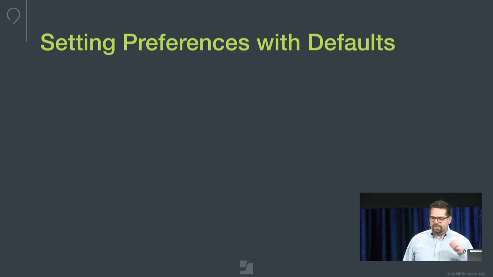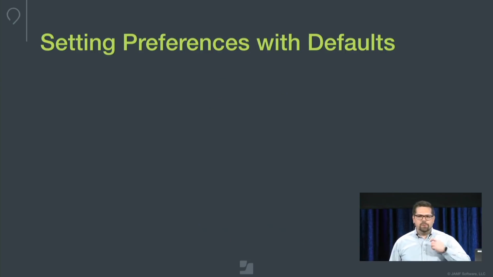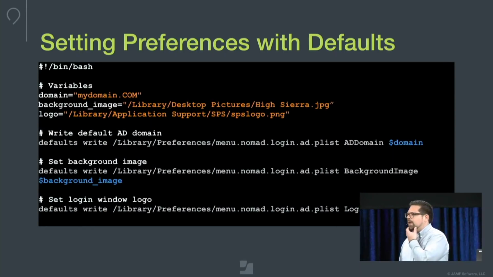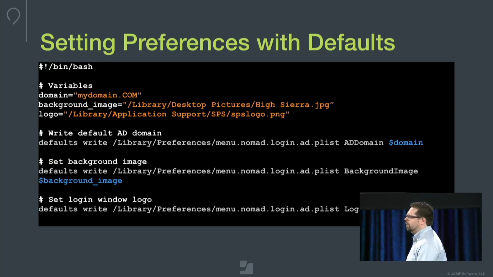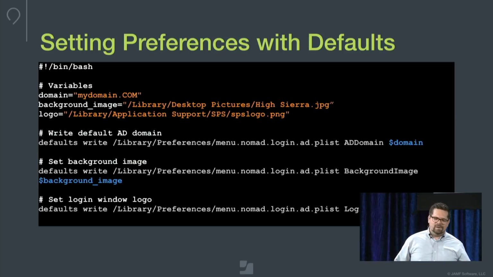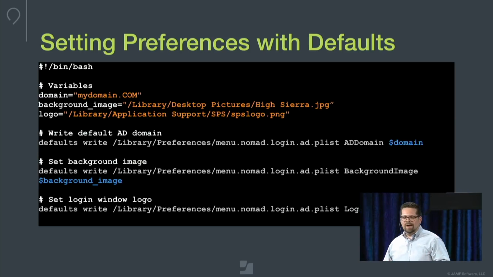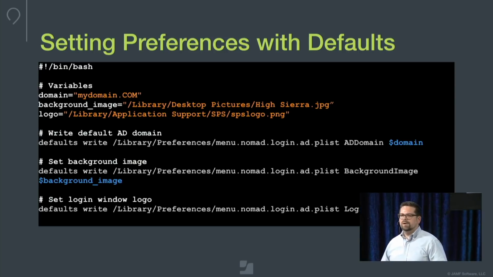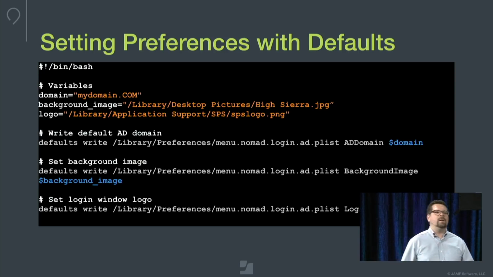So how do we set these preferences? You can do it with a profile, like almost anything else. But what I've been doing is setting them with defaults commands. And the reason for this is probably not as good as it used to be since yesterday. So I'm not going to take the blame for not updating my presentation since yesterday's keynote. But essentially, before yesterday, await configuration, which is an MDM function, was not possible.